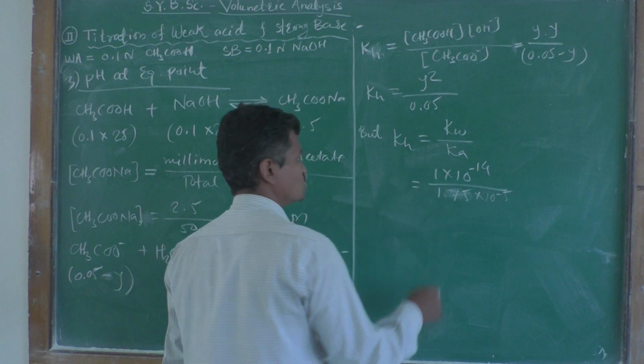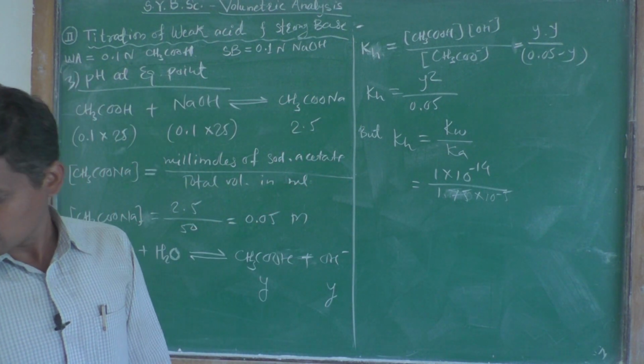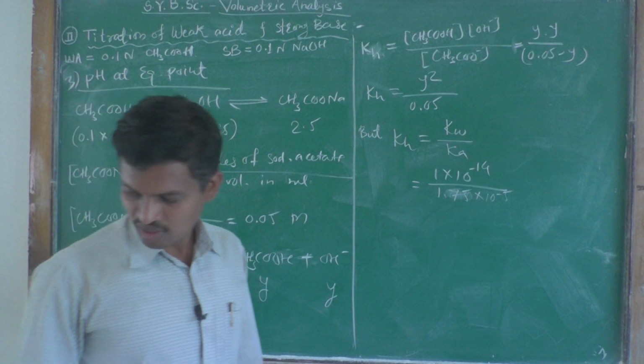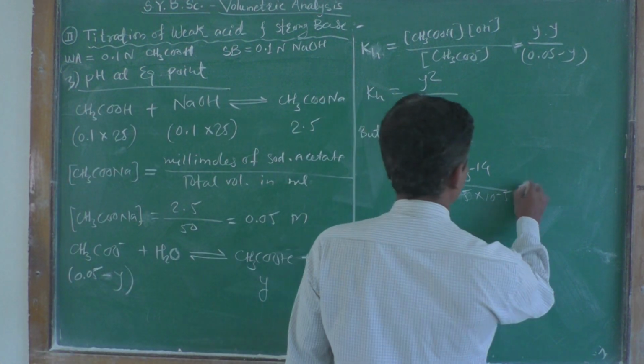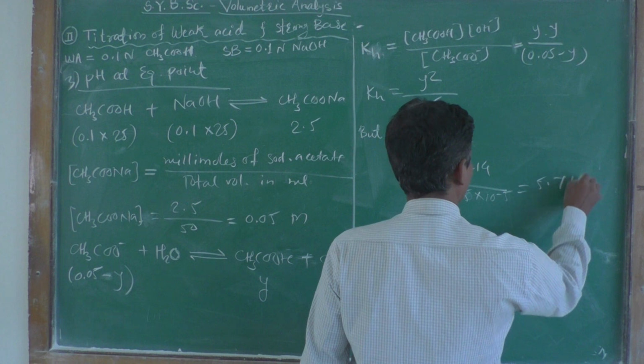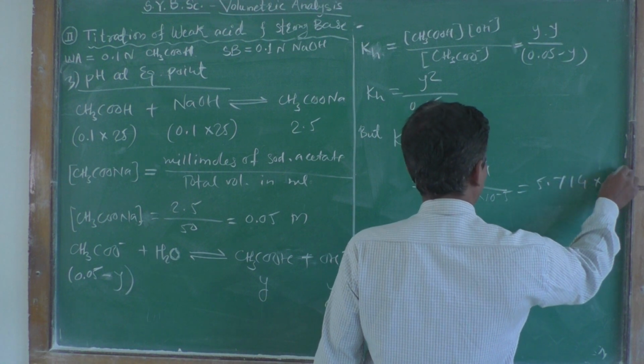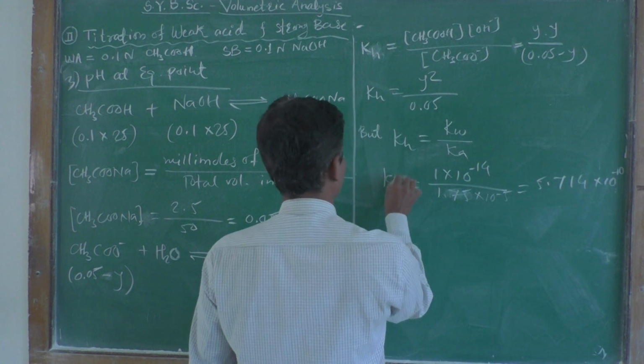By solving this ratio, you will get the answer, 5.714 into 10 raised to minus 10. This is the value of KH.